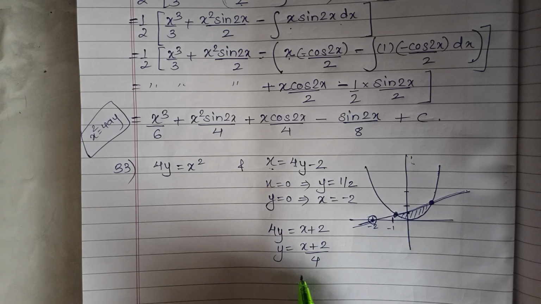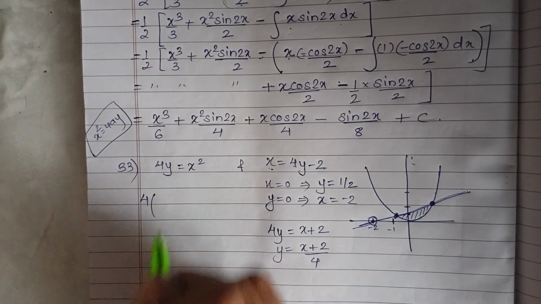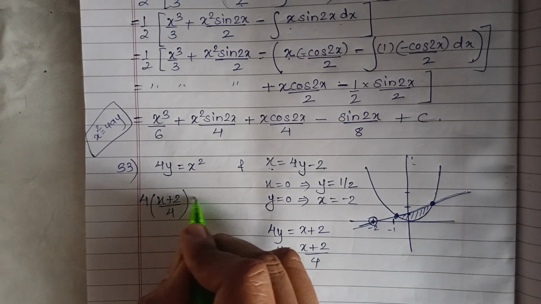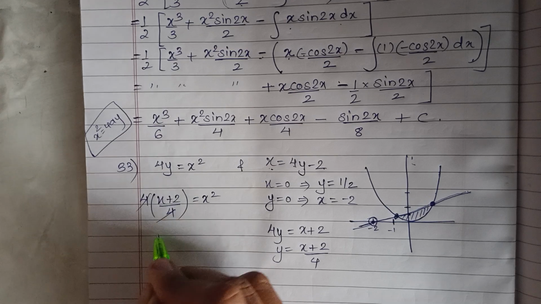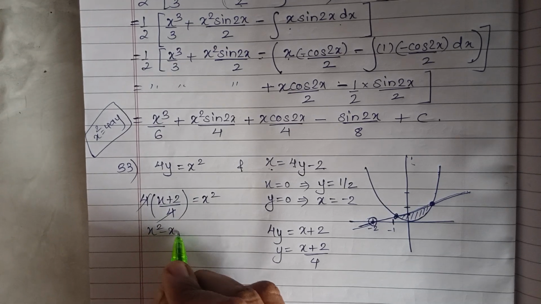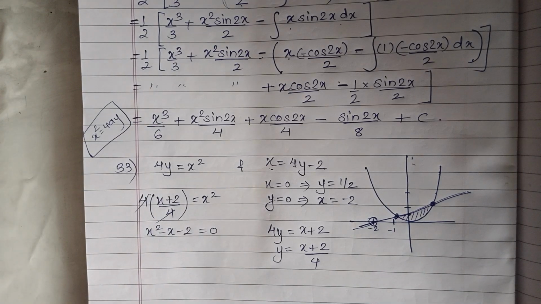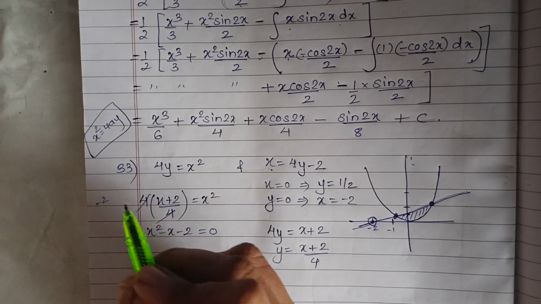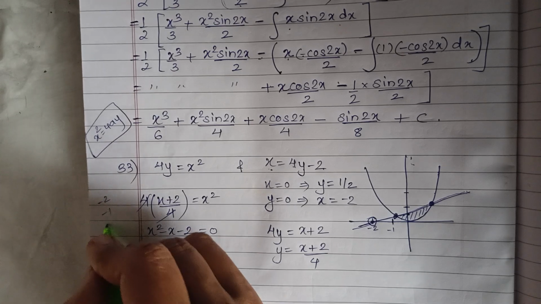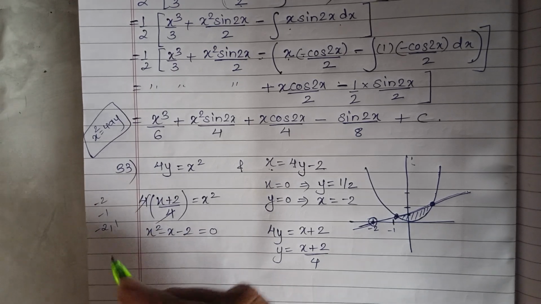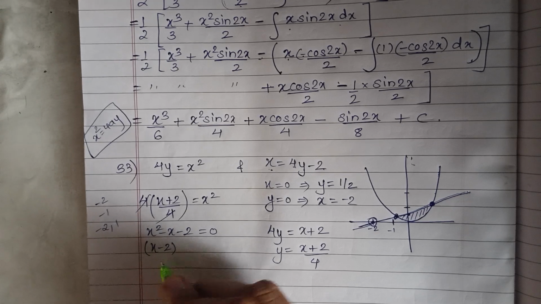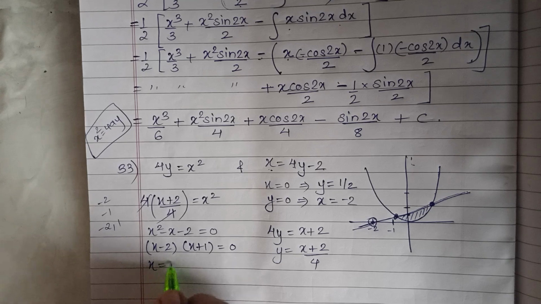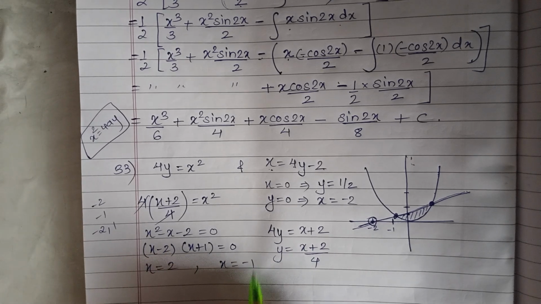I'll put this y in our parabola. We are getting a quadratic equation, x square minus x minus 2 equal to 0. So this is x minus 2 and x plus 1, so x is 2, x is minus 1.